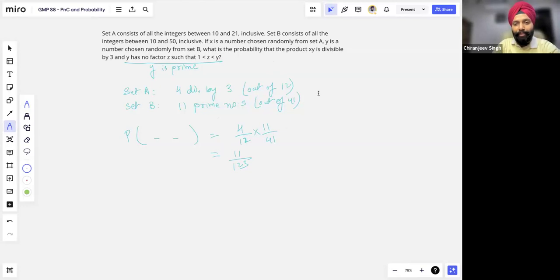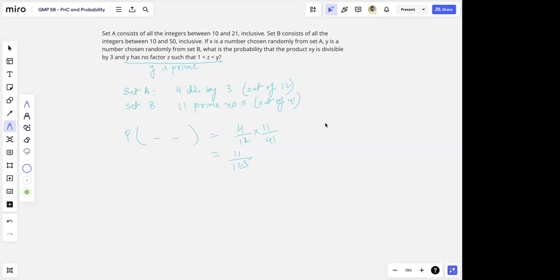Shivangi, how did you go about it? So basically, I took this approach first, but then after thinking, in set A there are four numbers divisible by three, and then in Y we have to take prime numbers. So in set B we just have to take prime numbers only.